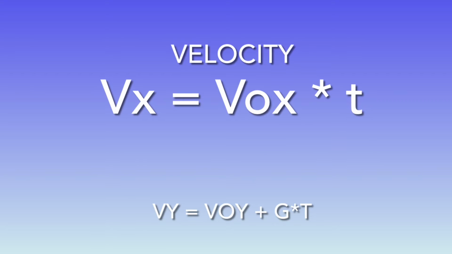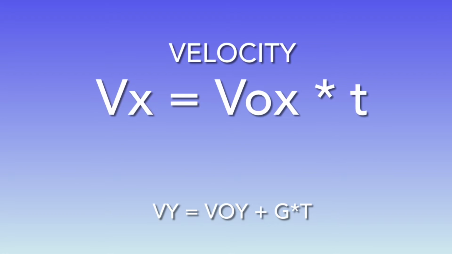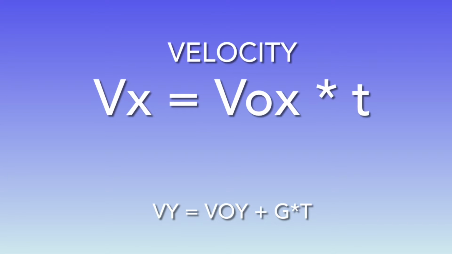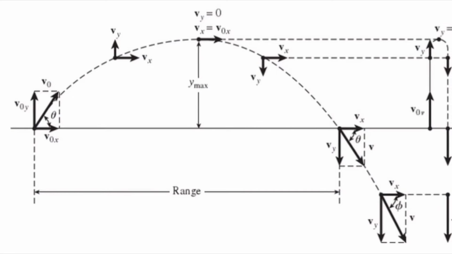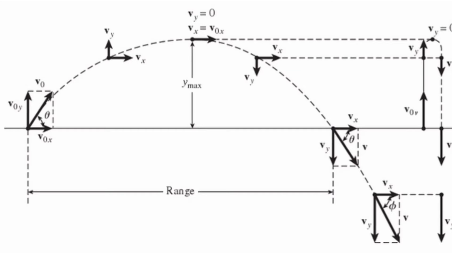And velocity x is equal to initial velocity x, and velocity y is equal to initial velocity y plus gravity times time.